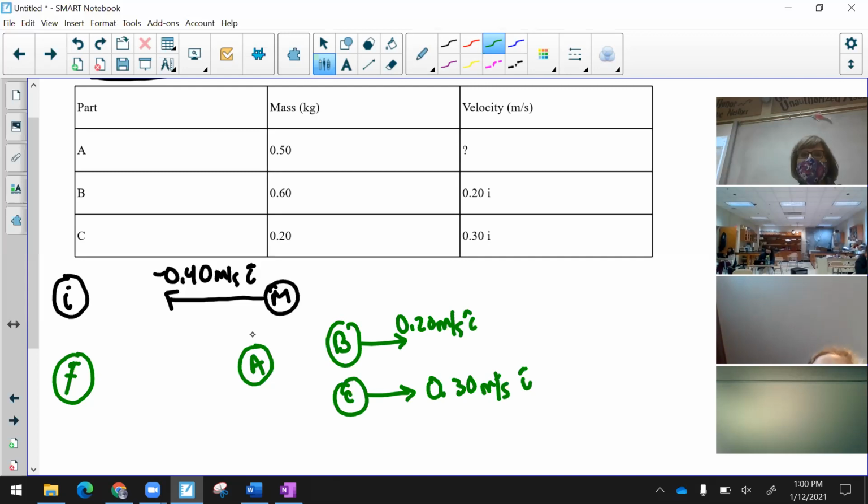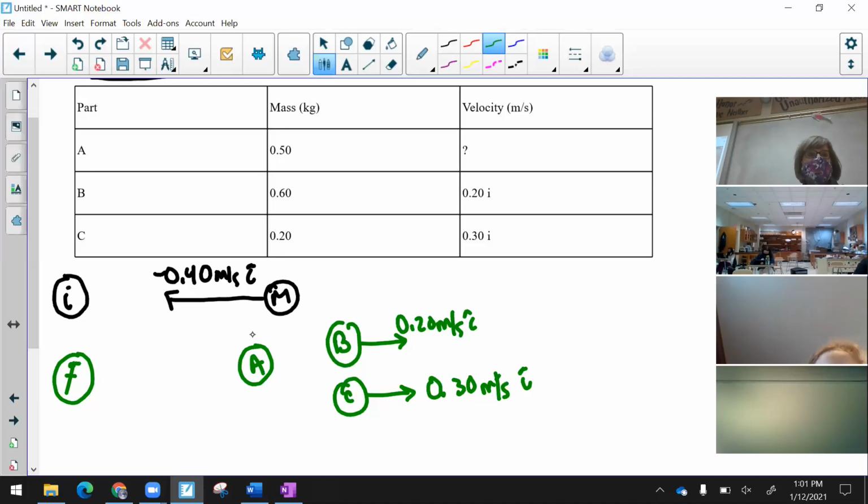Because due to conservation of momentum, you know that the initial momentum has to equal the final momentum, and the initial momentum is negative. So particle A would have to move at a greater magnitude in the negative direction, so that when it is combined with B and C, it will equal the initial momentum.